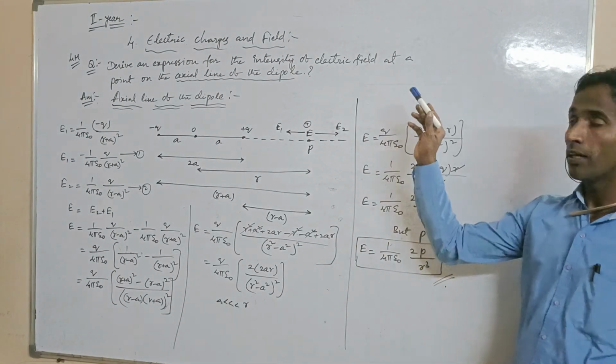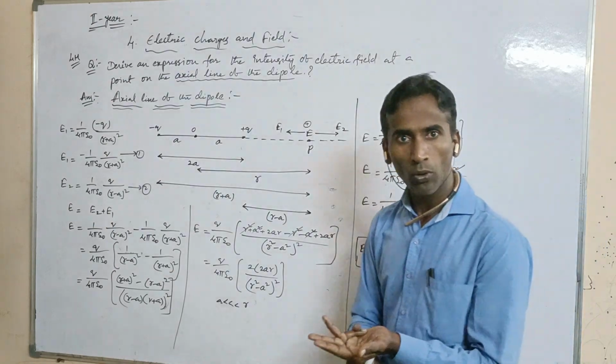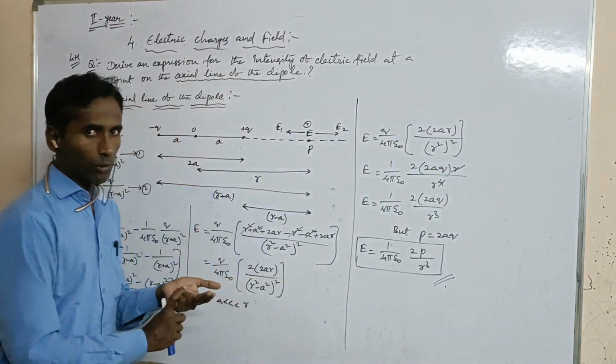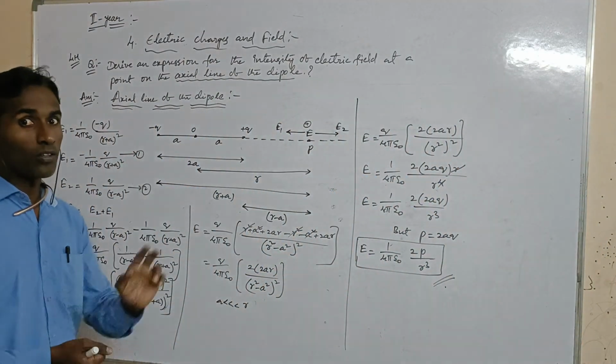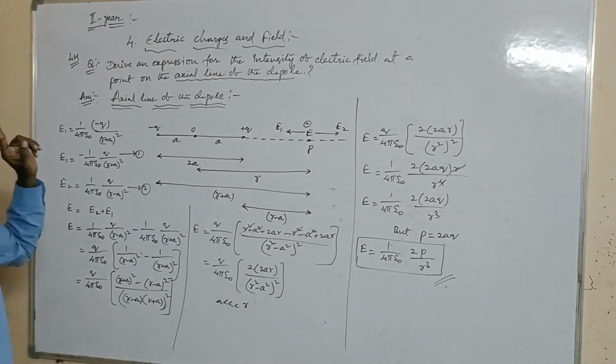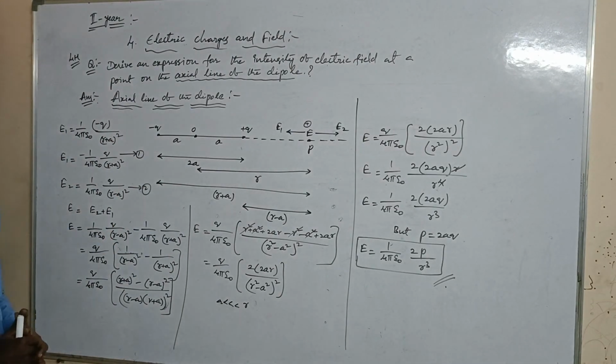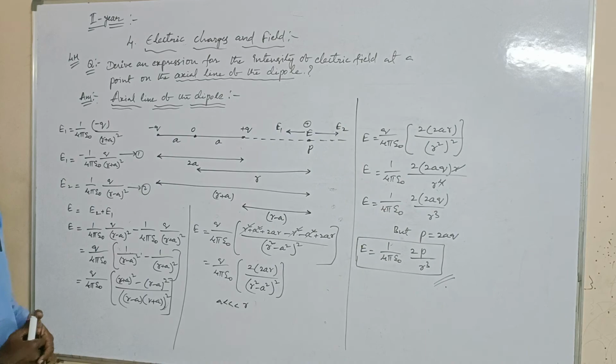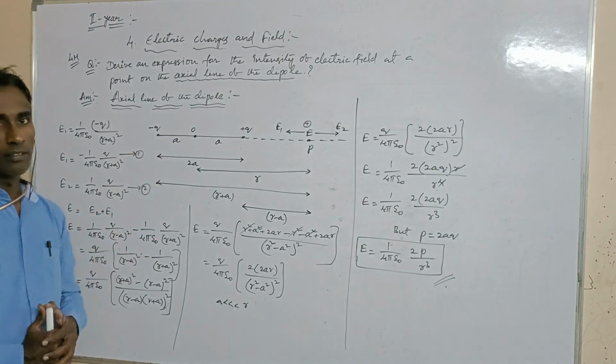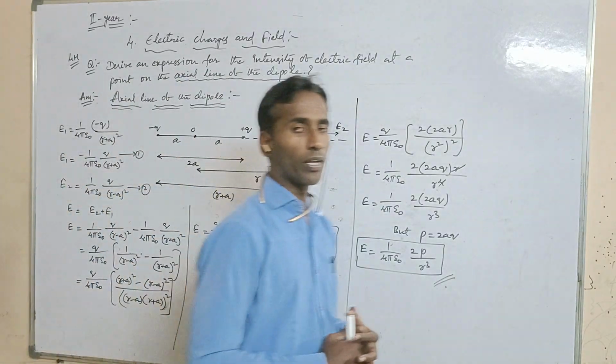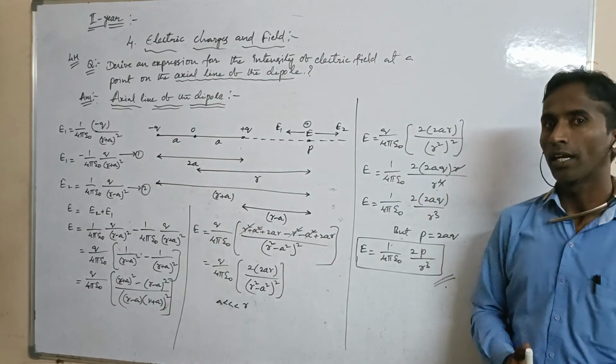First of all, I have given here the dipole. What is the dipole and what is the dipole moment? First two definitions are given, because the two definitions are most important for this question. That's why. Okay, so we are starting from that one only. Okay guys, I hope you all understand.